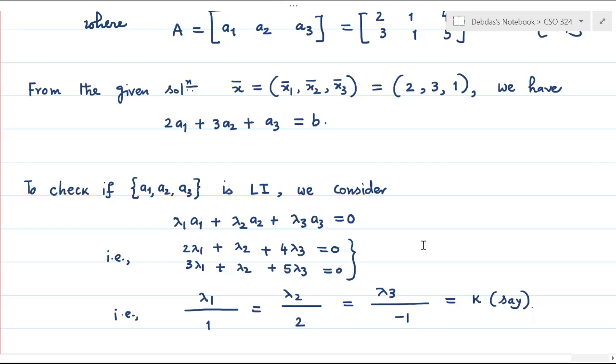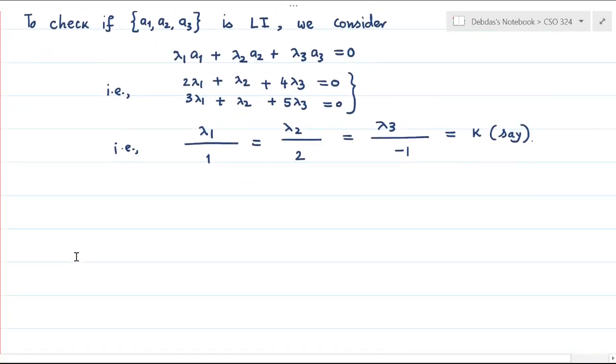So I wanted to have just a possible solution of this equation. You can take any value of k, and accordingly you choose the values of lambda 1, lambda 2, lambda 3, and that will satisfy this equation. Letting k equal to 1 for simplicity, you can take k equal to half, k equal to 5, any value you can take.